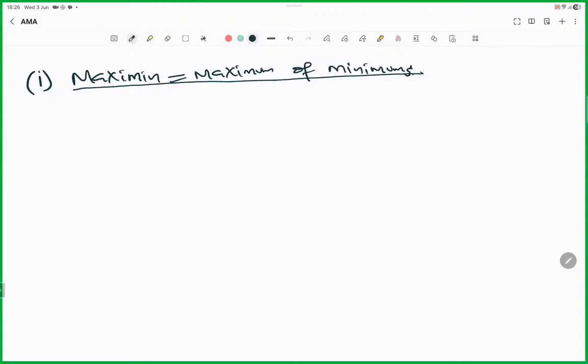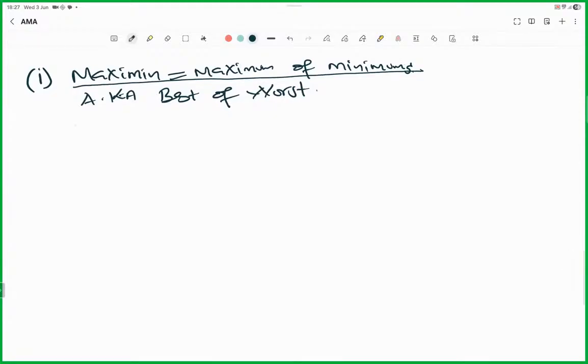Also known as best of who? The worst. Which kind of individuals is it used to advise? This is for risk averse.